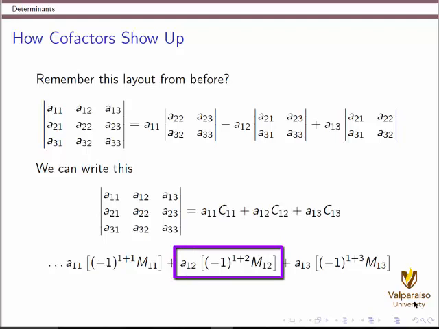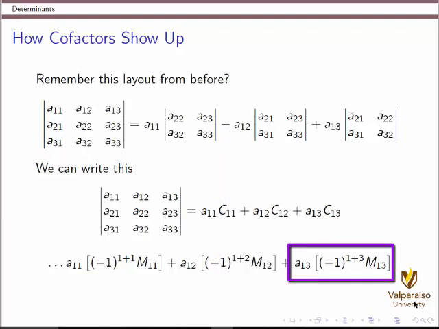And so its cofactor is negative 1 to the 1 plus 2, and that's negative 1 cubed, which is negative 1. Aha, that's why that term is negative. And then with the 2 by 2 minor determinant attached, and then a13 is in spot row 1, column 3. Negative 1 to the 1 plus 3 is positive 1. And that's why the alternating numbers happen in that expansion by minors.